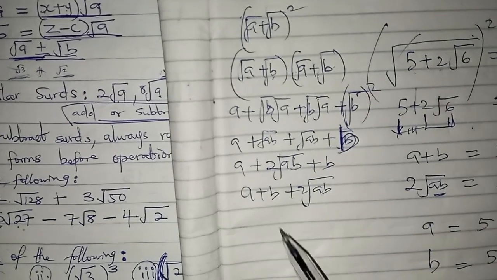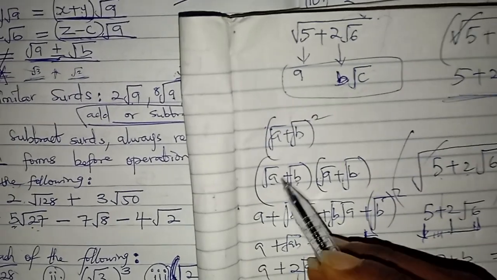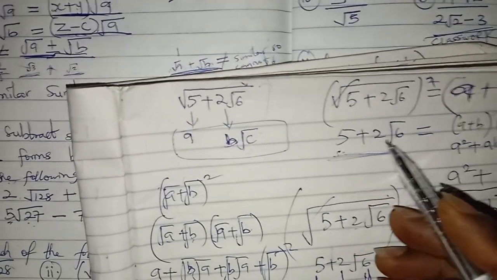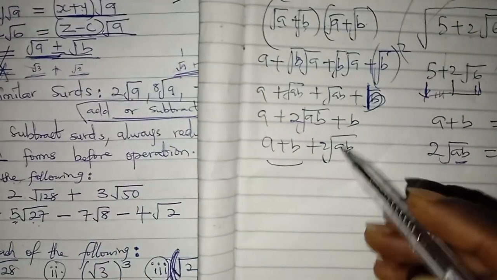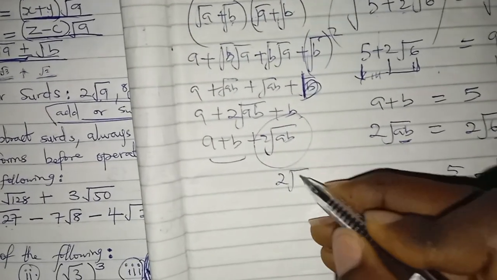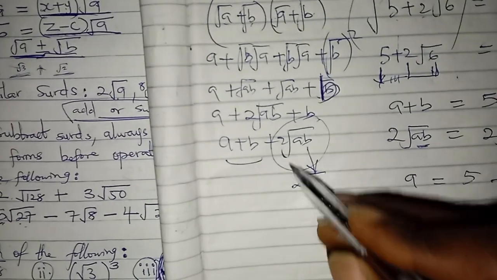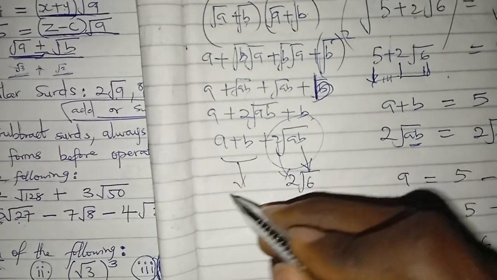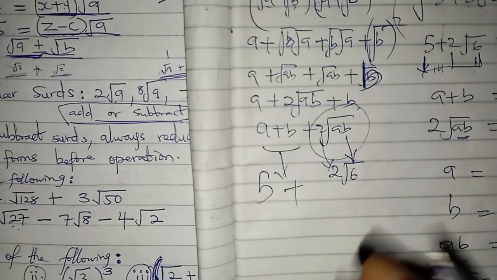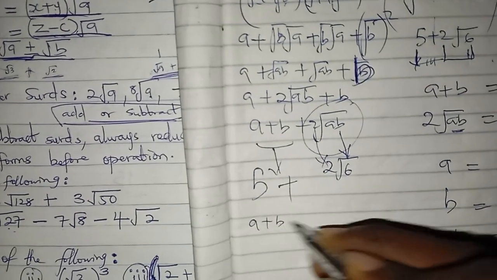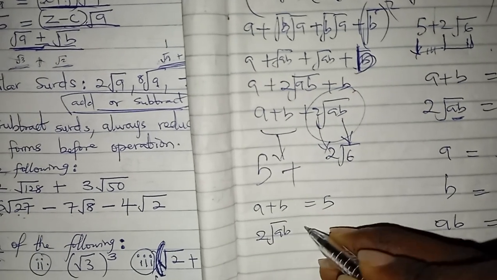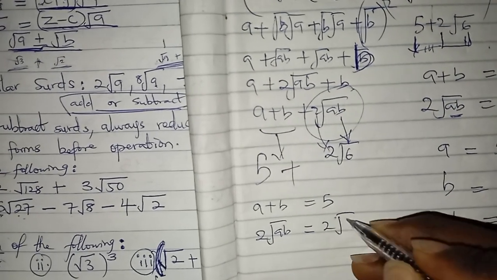So we now say that the a plus b will now be equal to that particular one, which is this, that is not carrying this kind of attachment. So everything here is now equal to 5 plus 2 root 6. So when we did it, we now said a plus b is equal to 5, then 2 root ab is equal to 2 root 6.